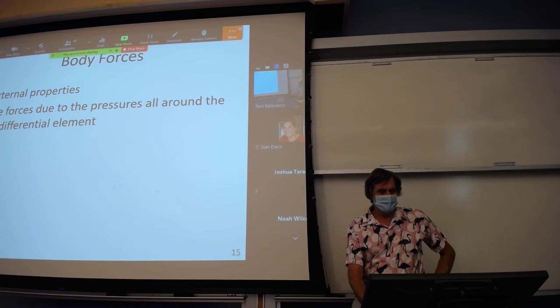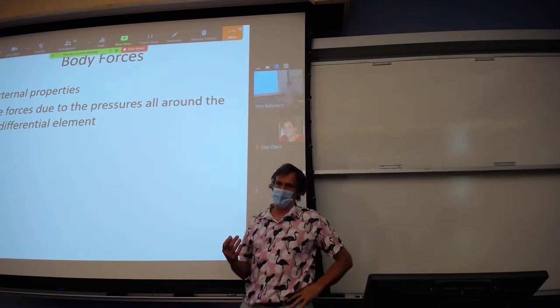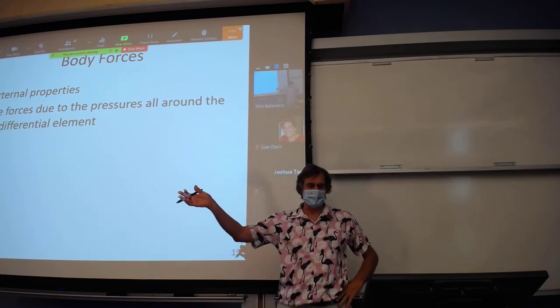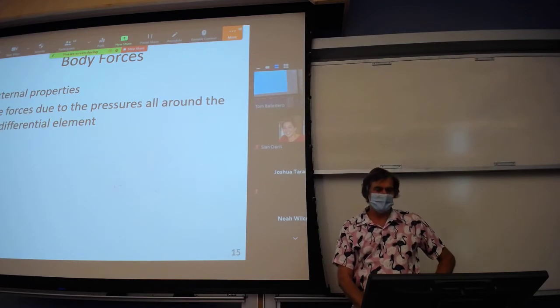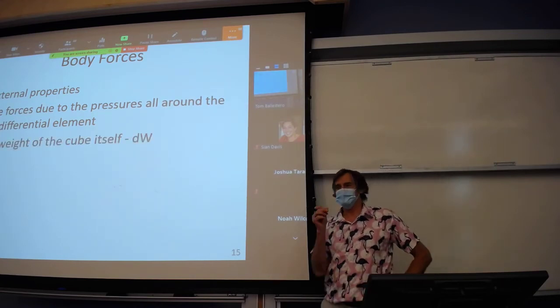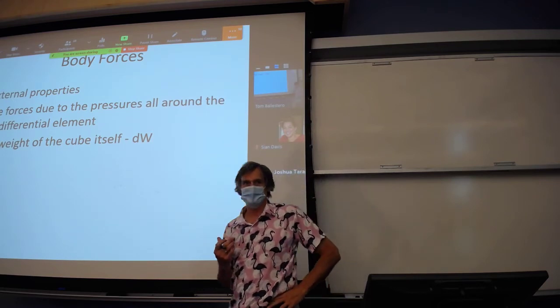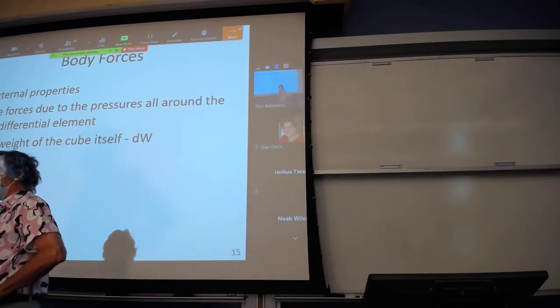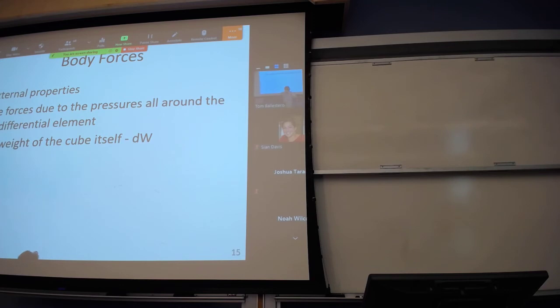So we need to identify what are called all the body forces. That's the pressure distribution all around. And body forces are external forces. But weight is also considered a body force. So I understand you had a homework assignment and you had this can, this barrel filled with a liquid. And how you calculated the weight was to take the volume and multiply it by the specific weight.